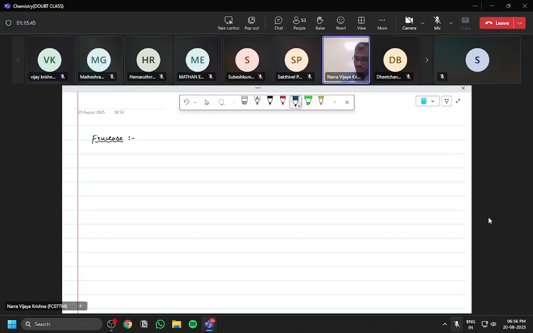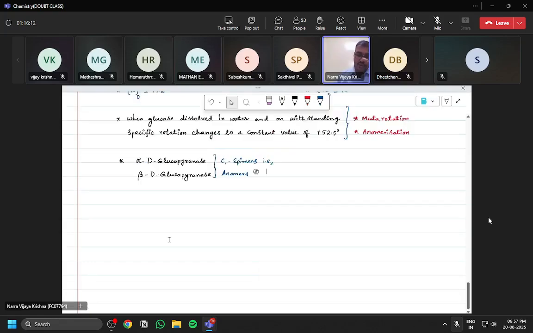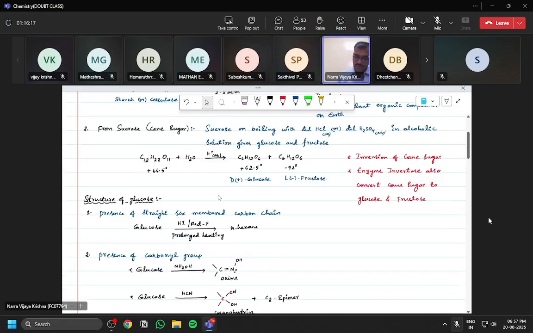Like glucose, fructose is also allowed to react with acetic anhydride in the presence of ZnCl2. What did we get in case of glucose? With acetic anhydride, what did we get? Pentaacetate confirms the presence of 5 OH groups. See this one?